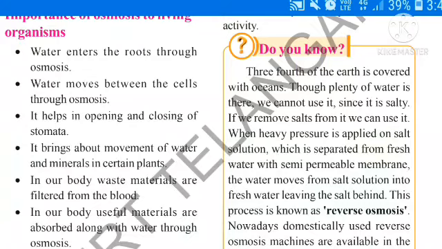Exosmosis means the process in which water molecules leave the cell. Remember, osmosis is classified into two types: exosmosis and endosmosis. Exosmosis means water molecules leave the cell. Endosmosis, endo, water molecules enter the cell. Okay.